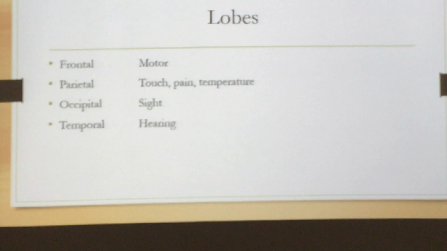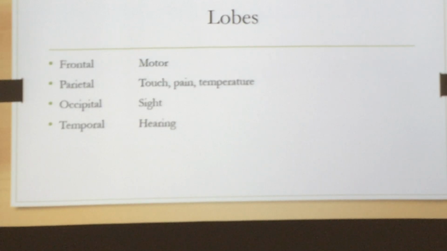They had the right idea, but they didn't go literally deep enough. The lobes of the brain will show us where the different functions are located. You've got the frontal lobes, the parietal lobes, the occipital lobes, and the temporal lobes.